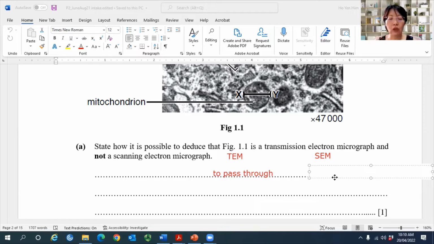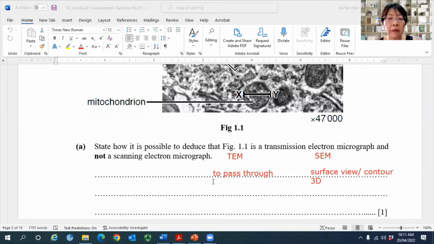Therefore, it gives you a surface view or surface contour of the object, a 3D view of the cell. You only see the surface because it reflects from the gold, so the electrons cannot pass through the cell.